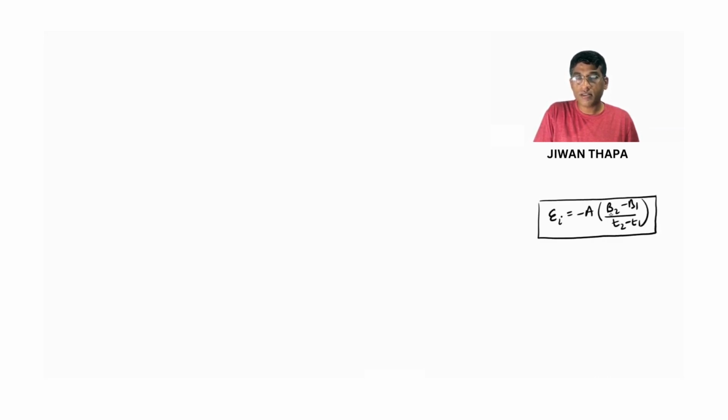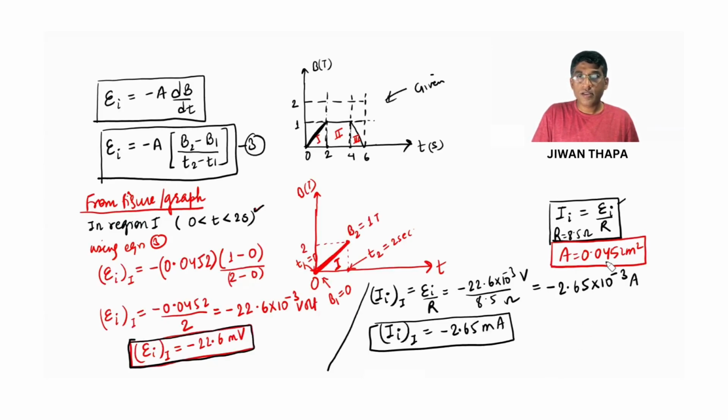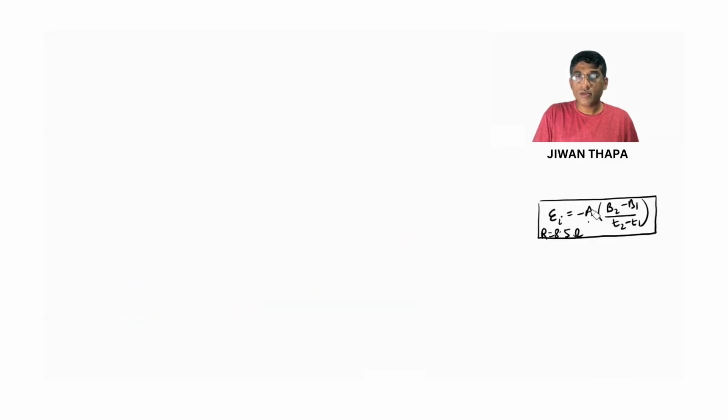We have this, and R equals 8.5 ohm, and the area is 0.0452 meter square.